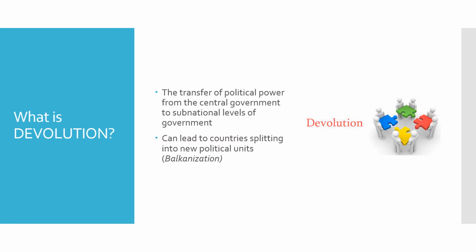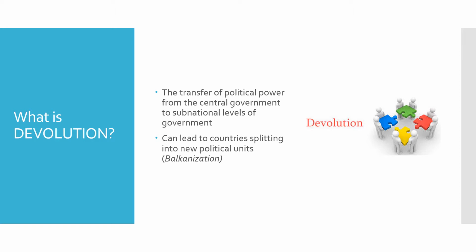Devolution happens when you transfer political power from the central government to subnational levels. So when we say subnational, we mean below national. So that can mean state government, that could be local government, regional government, depending on what country you're in and what they call it. But in this case, you're basically saying, okay, here's a power that our national or federal government did, and now that power is being spread amongst everyone to the states.